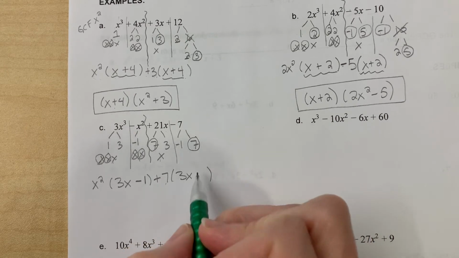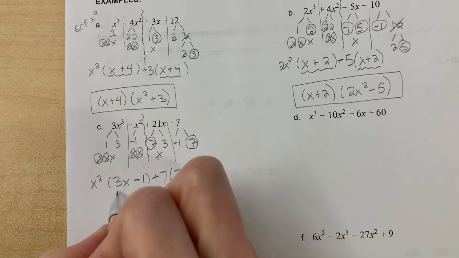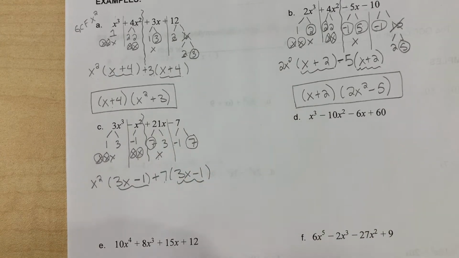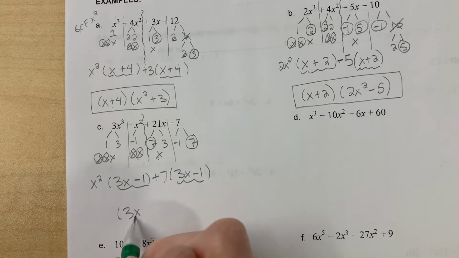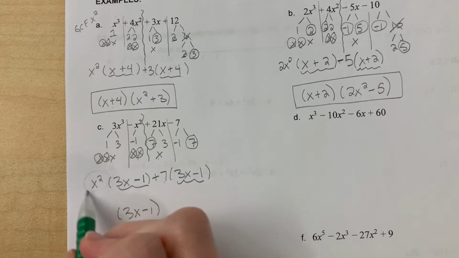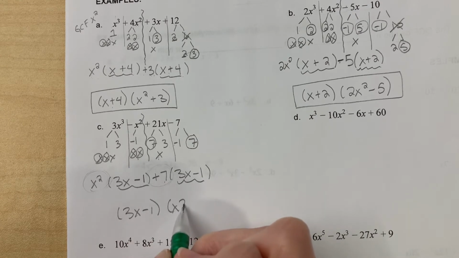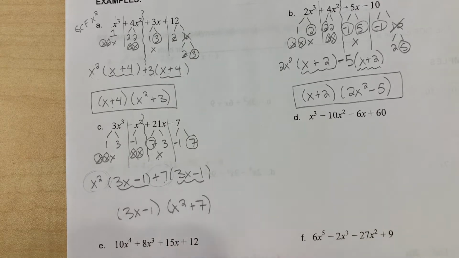And what's left over here? -1. And look, these two factors match again. So now our common factor is 3x minus 1. And the leftovers are x squared plus 7. There we go.